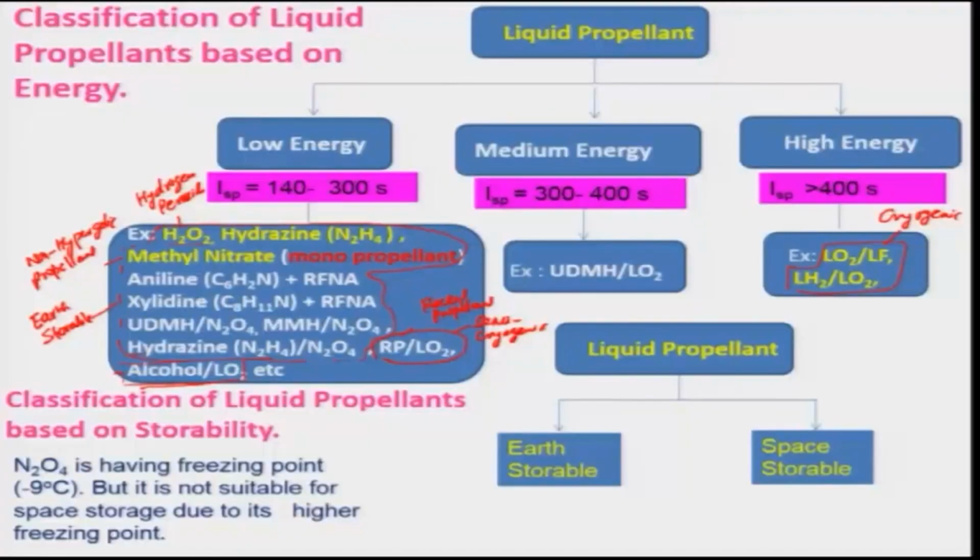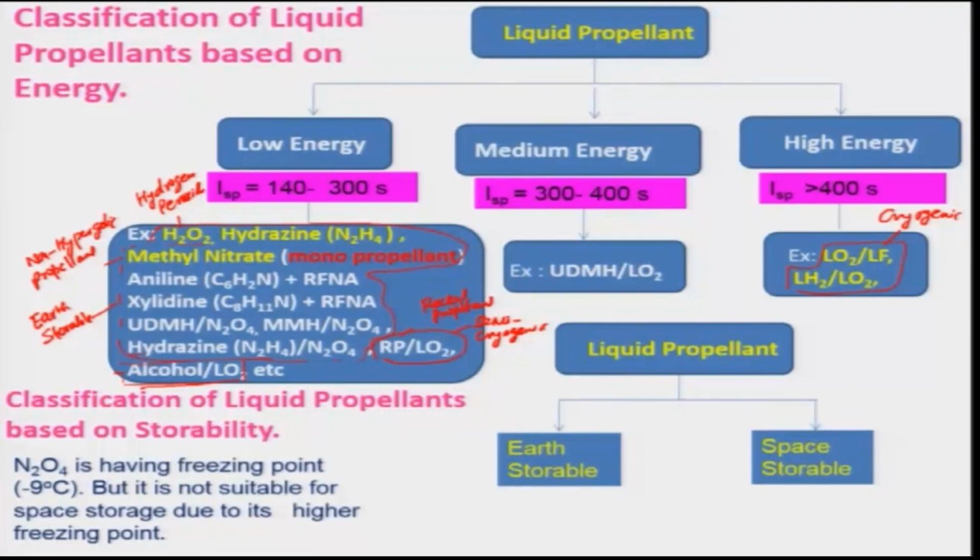So, it is important to look at the storability of the propellant, and space storability is also very important. For example, nitrogen tetroxide has a freezing point around minus 9 degrees Celsius, which is quite low, but it is not suitable for space storage due to its higher freezing point.